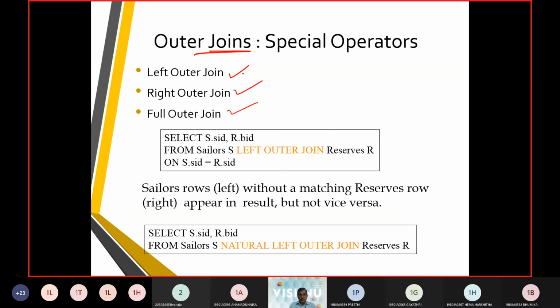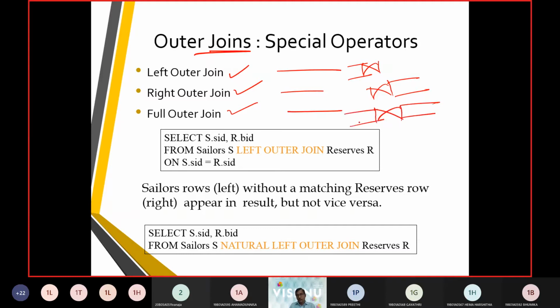When we work with a left outer join, the lines will be drawn towards the left side. With a right outer join, the lines will be towards the right side. And with a full outer join, the lines we draw will exist on both left and right.